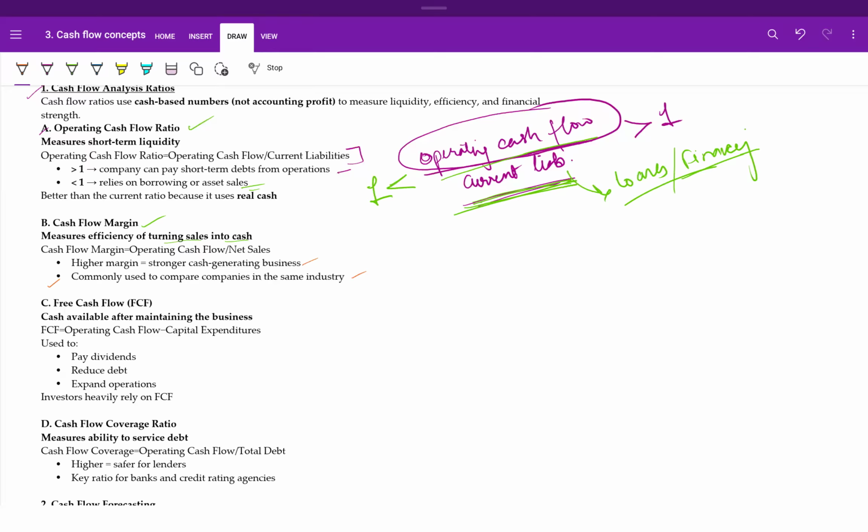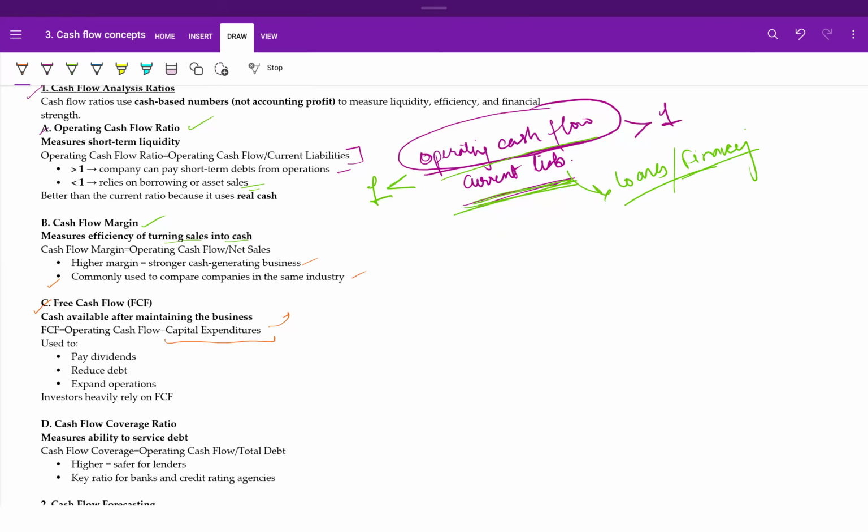The third cash flow analysis ratio is free cash flow, which we have discussed previously also. Free cash flow represents the cash available after maintaining the business, and capital expenditure represents the maintenance cost of the business. The formula is free cash flow equals operating cash flow minus capital expenditure, and capital expenditure includes spending on machinery, equipment, buildings, or technology required to keep the business running.